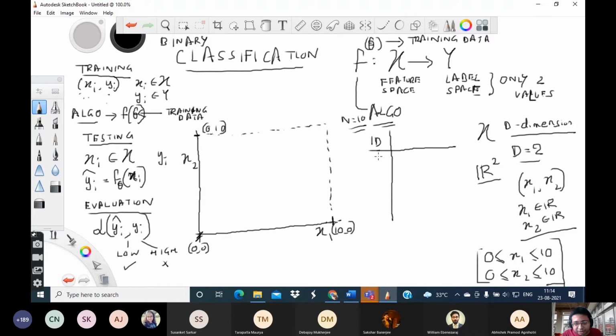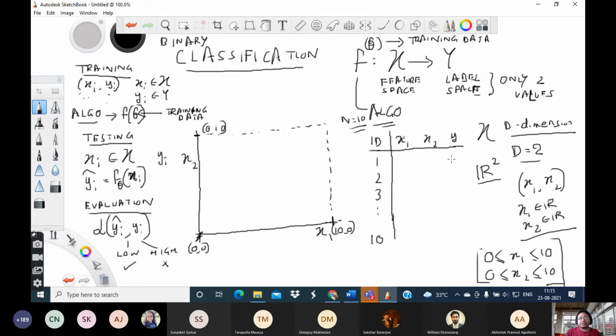So ID will simply be 1, 2, 3, 4 up to 10. Now for every training data point, I have X and I have Y. X in this case is a two-dimensional vector which has x1 and x2. So let me write down the values of x1 here, x2 here, and Y here.